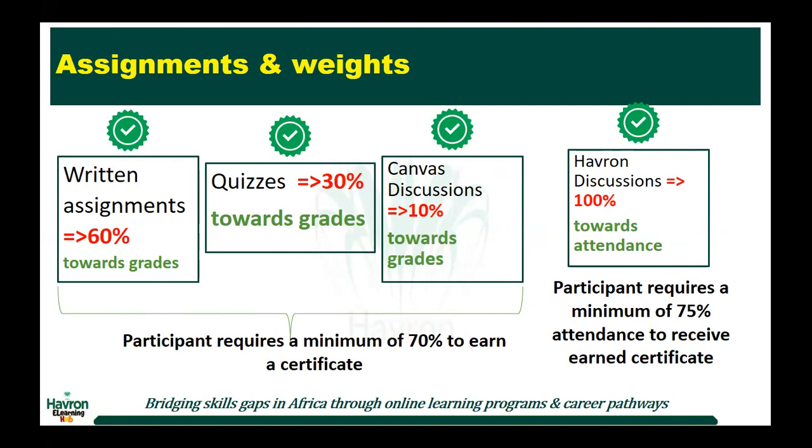The total grade for the written assignments is 60% out of the 100. These written assignments are ones where you will be given questions, you answer those questions, type it and upload it to Canvas. The time for uploading the assignments, we will still guide you.